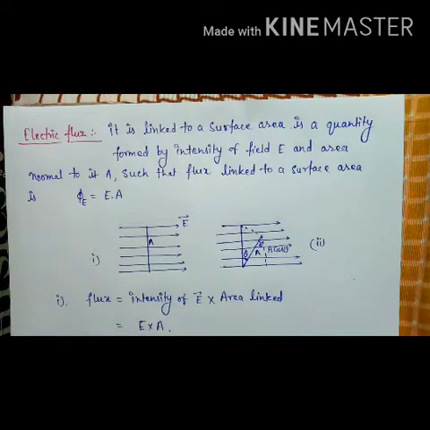Today we discuss what is electric flux. Electric flux we can understand with the help of one example. Let us suppose the wind is coming from a window and it has a certain speed. So we can find out how much wind is coming from the window.